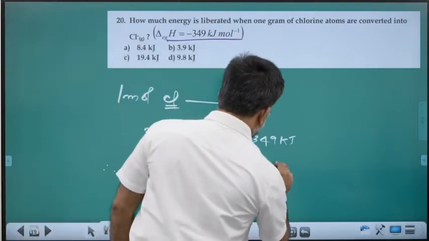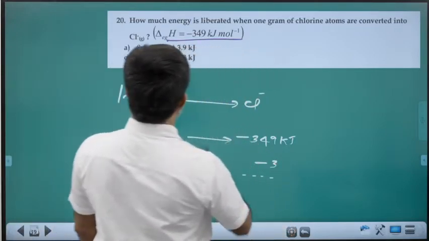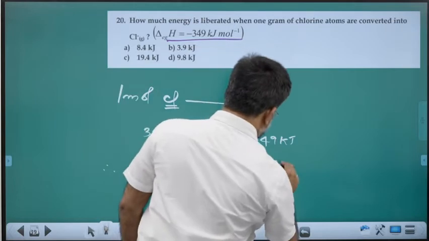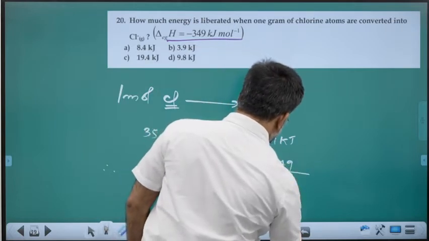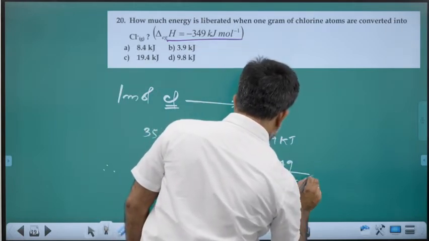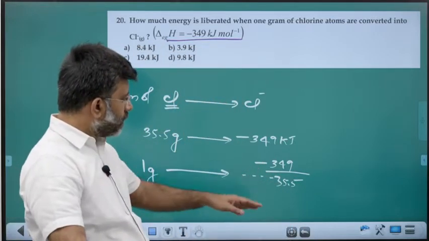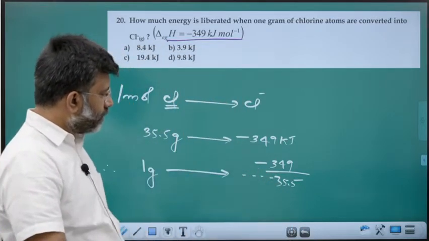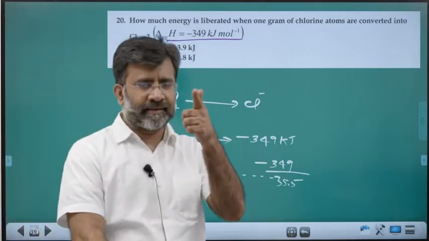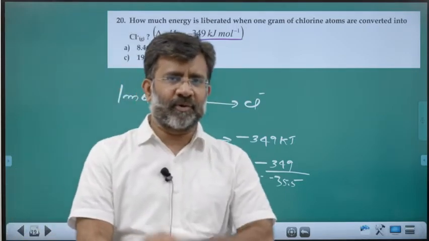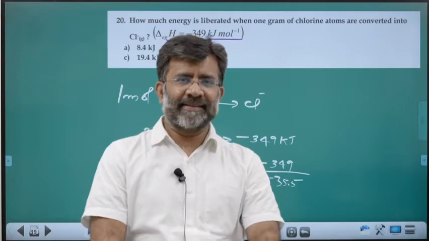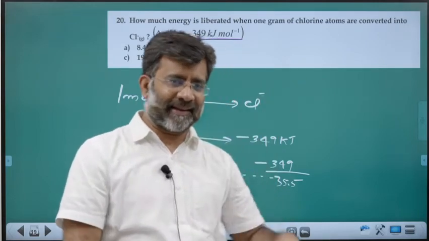So it is, for 1 gram, minus 349 divided by 35.5. It is approximately worked out as 350 by 35, close to 10. And the answer is greater than 10 or less than 10?